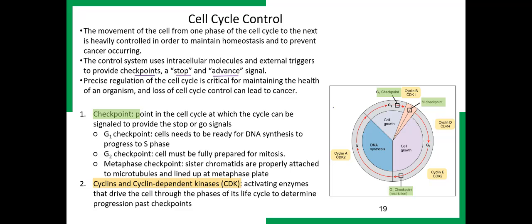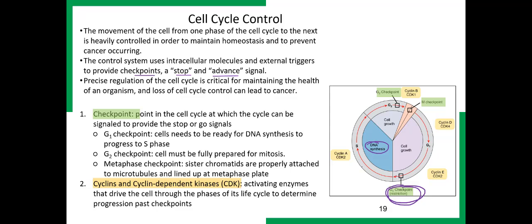So you've got these various different checkpoints. You've got the G1 checkpoint over here, right? The G1 checkpoint occurs at the end of the G1 phase, and it basically ensures that the cells are ready to synthesize a new set of DNA, right? Because replication occurs in the S phase, and the cell needs to be ready for that.